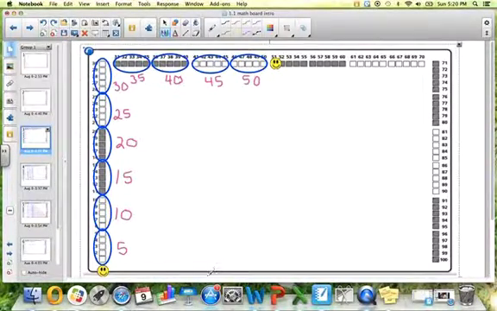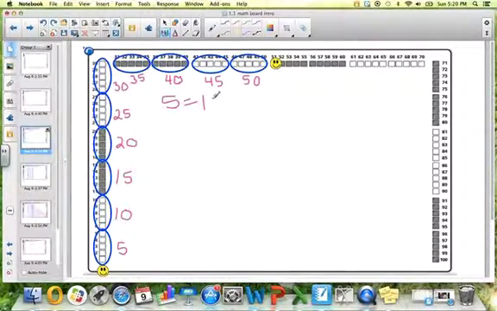When I say one group of 5 is 5, that's the same thing as 5 equals 1 times 5. And I'm going to circle the 5 because we're adding the same group of numbers, the 5.